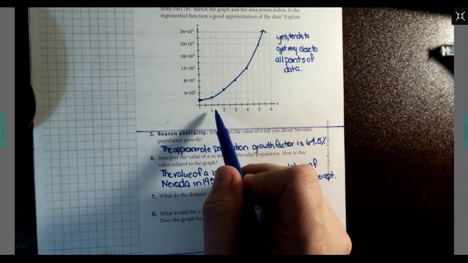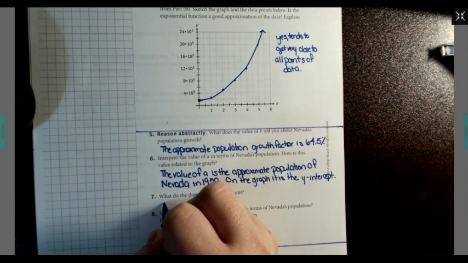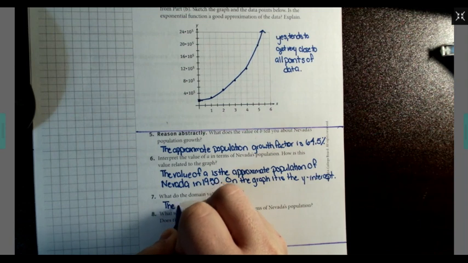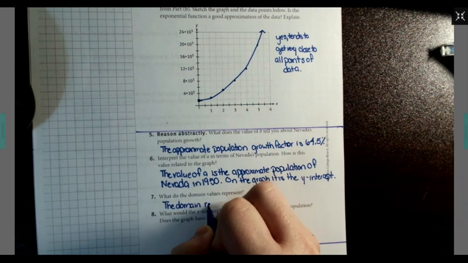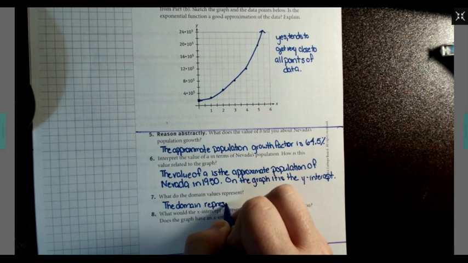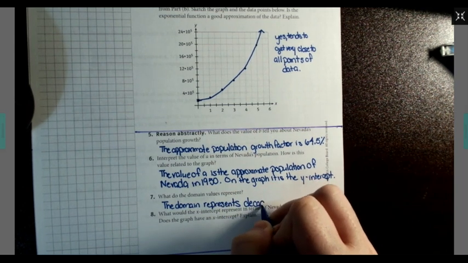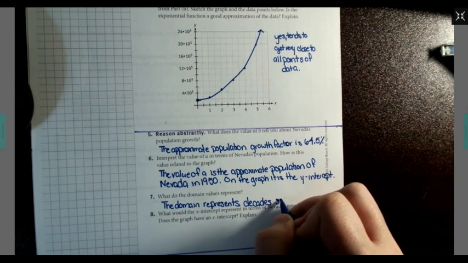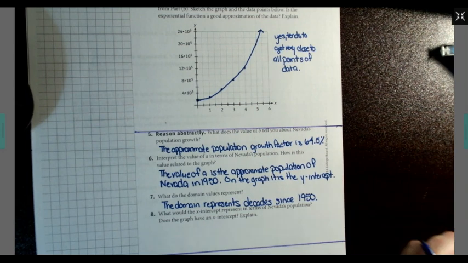Now remember, that would be the 1, the 2, the 3, and so on. The domain represents decades since 1950.